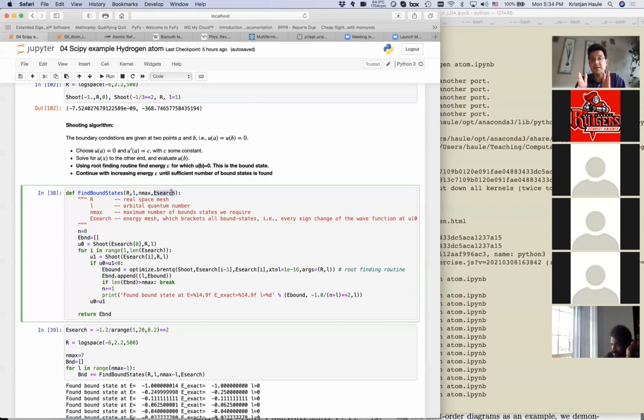So if 2 solutions exist in the same interval, then there is going to be no sign change between the 2 points, and our root finding routine will fail. If there are 3 bound states within the interval, then the routine for finding zeros will find 1 zero rather than 3, because it will not know that there are 3.